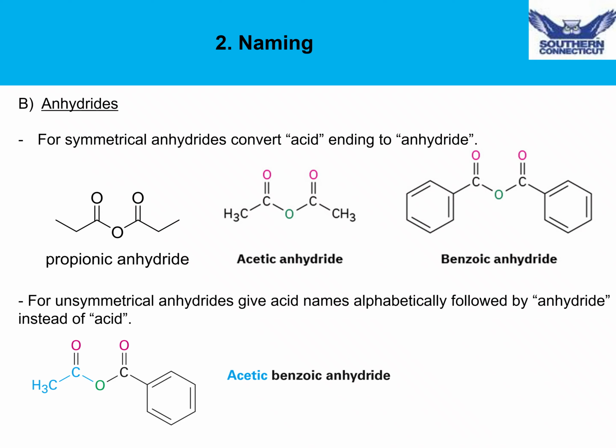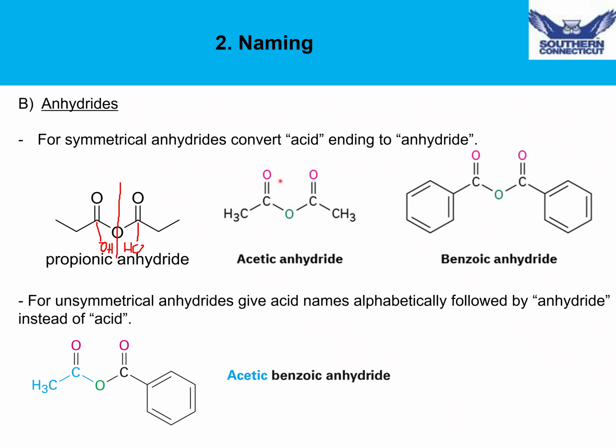Again, imagine splitting this anhydride down the middle and turning this carbonyl into a carboxylic acid, which would look something like this. And the same thing happens on the right side since it is a symmetrical anhydride. So notice, if we ignore the oxygen in the middle, there are 2 molecules of propanoic acid hidden within this anhydride. And so we would name this compound as propanoic anhydride rather than propanoic acid.